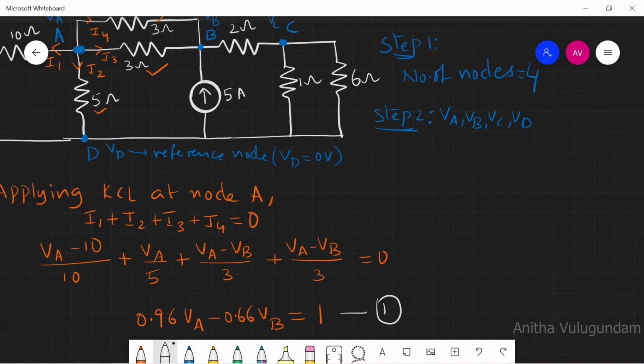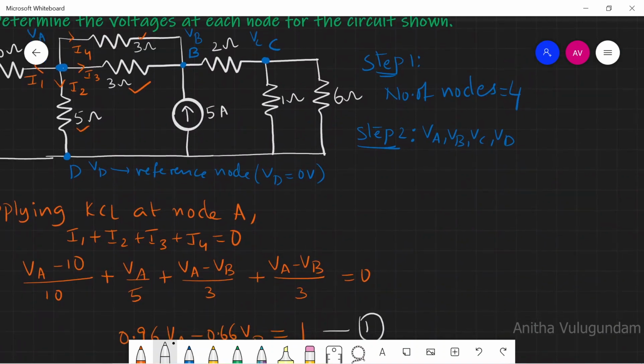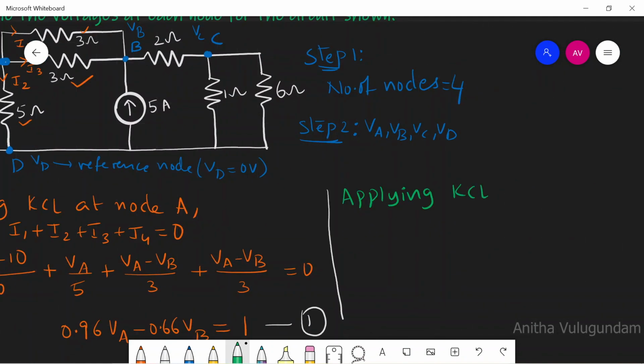Next, apply KCL at node B. Applying KCL at node B. You can see here, let it be same I4, let it be I3. Here current is entering, and I'm assuming here current is leaving.